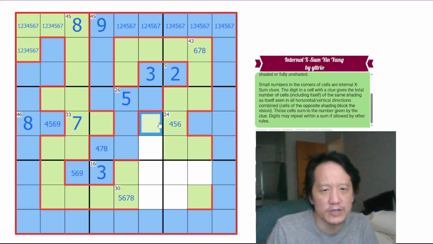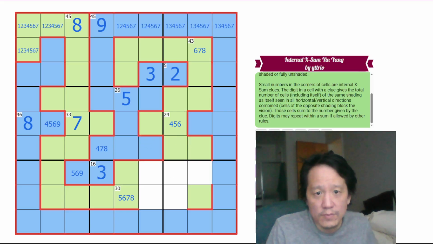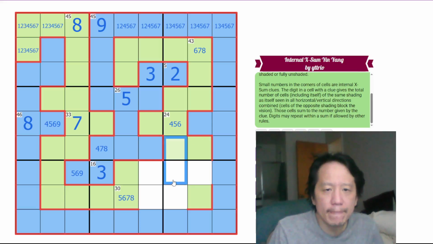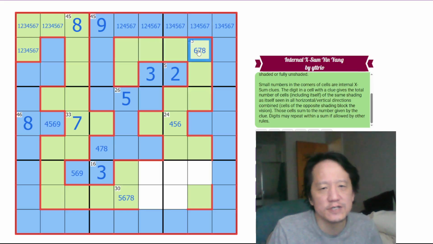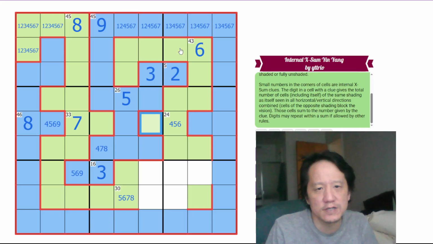This 2 by 2 area is all green so far, so this must be blue. This is green. It sees 1, 2, 3, 4, 5, 6. So this is just 6 then.